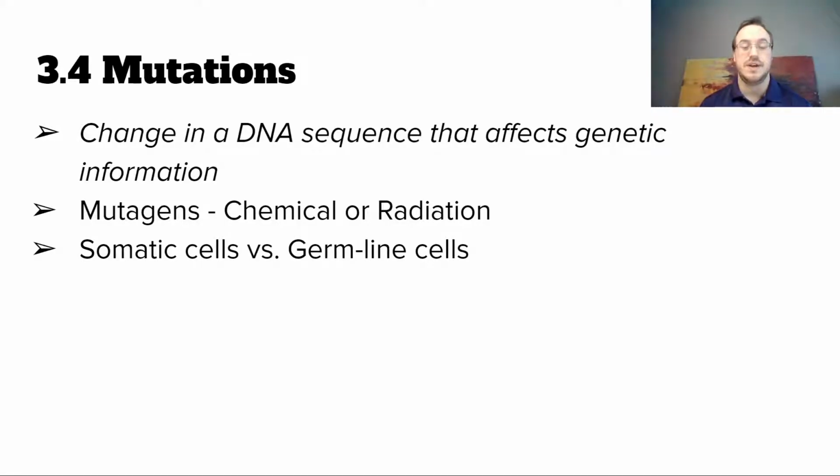Now, if a mutation affects somatic cells, body cells, versus germline cells, sex cells, it can have a different impact on the individual or on their genetic line. If it affects the somatic cells, it can only affect that one individual, right? If it happens in the somatic cells in your arm, it only affects the somatic cells in your arm.